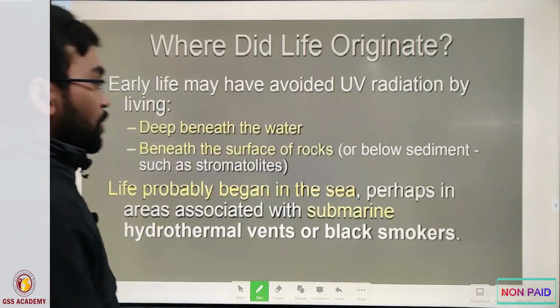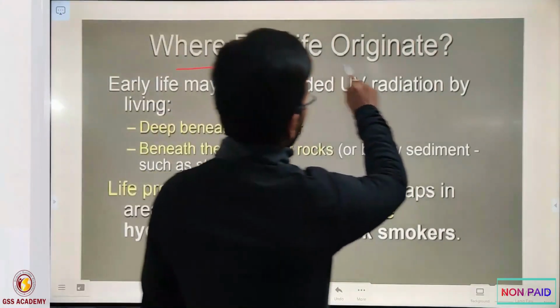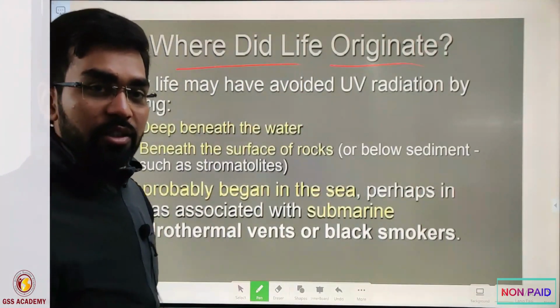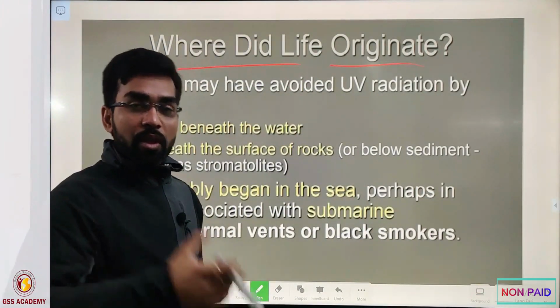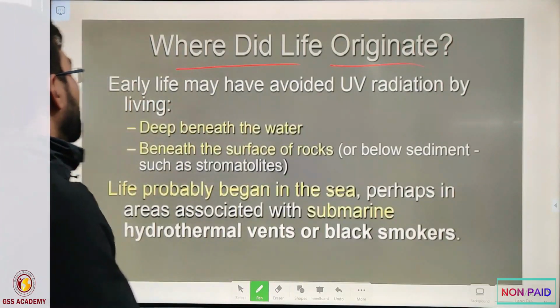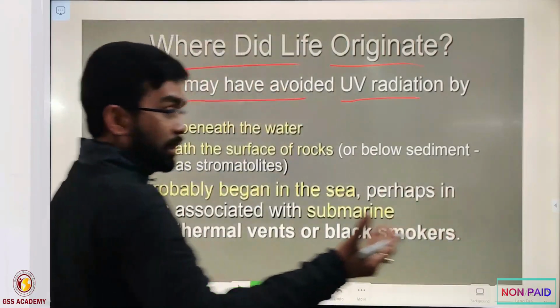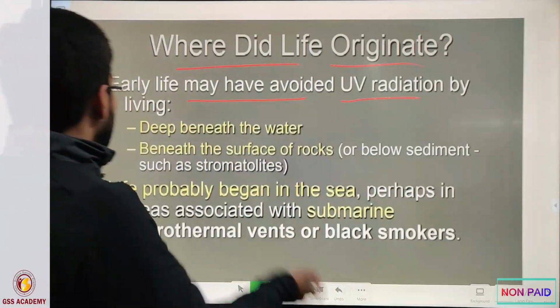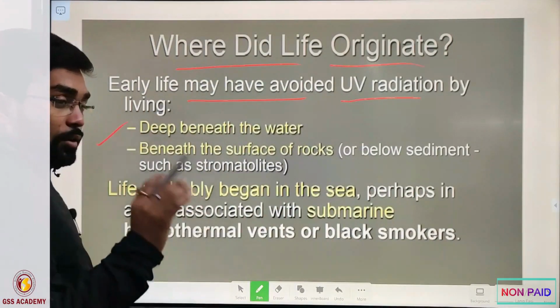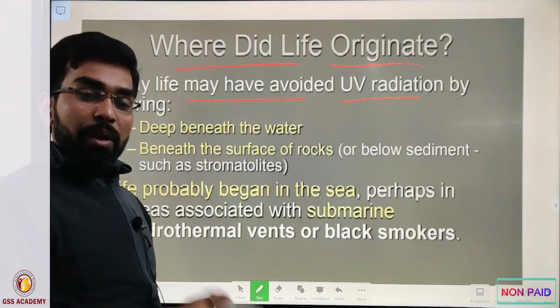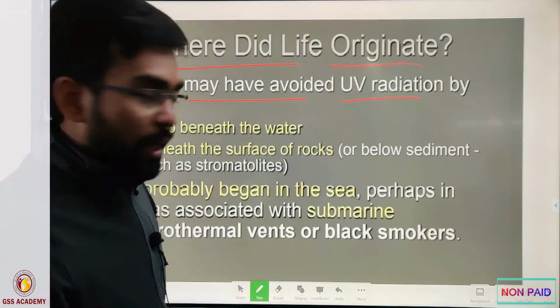Now you may think, where did first life form? On the continental crust region, or in the ocean? Early life may have avoided ultraviolet radiation because there was no filter. The filter is necessary because direct ultraviolet radiation may not promote life.